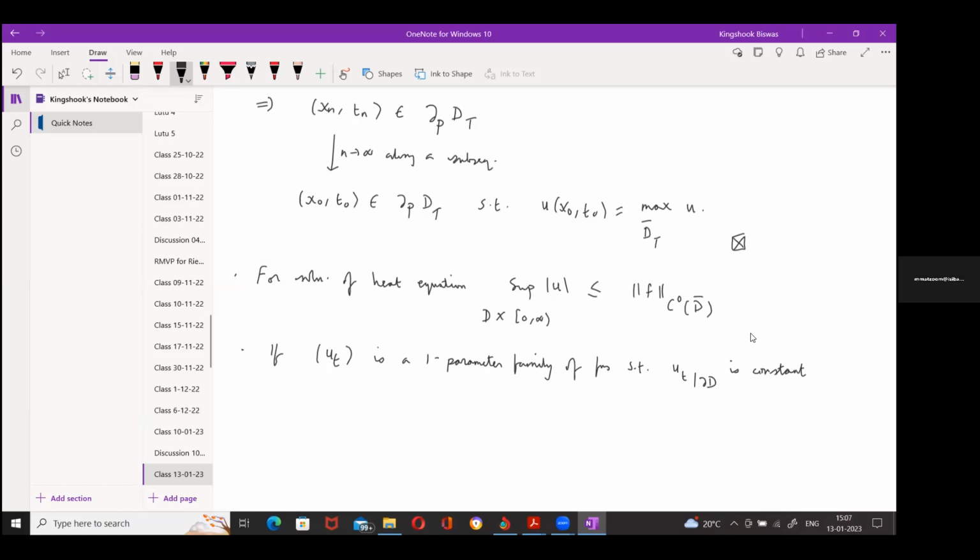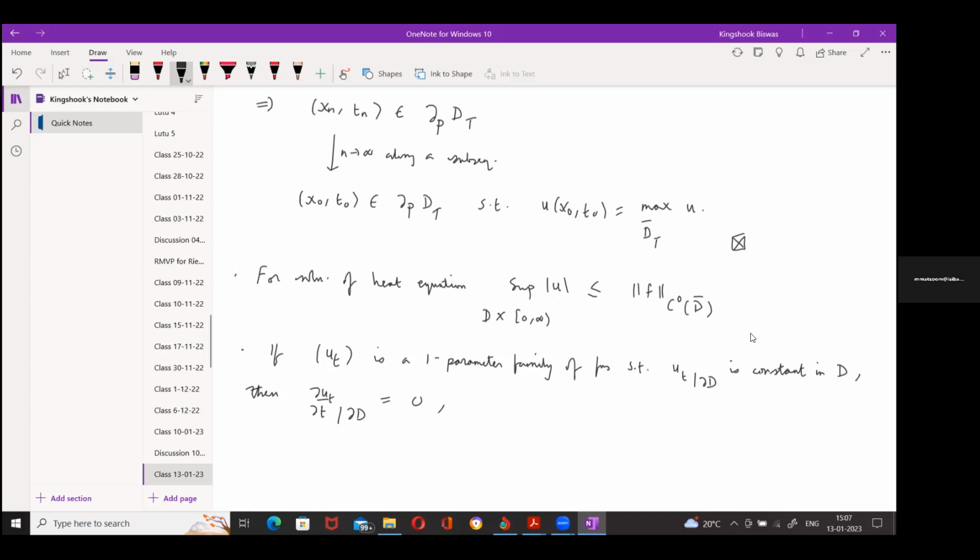So I'm not changing the values on the boundary. Then that means that if I look at del u_t del t, this restricted to the boundary of D is equal to 0.